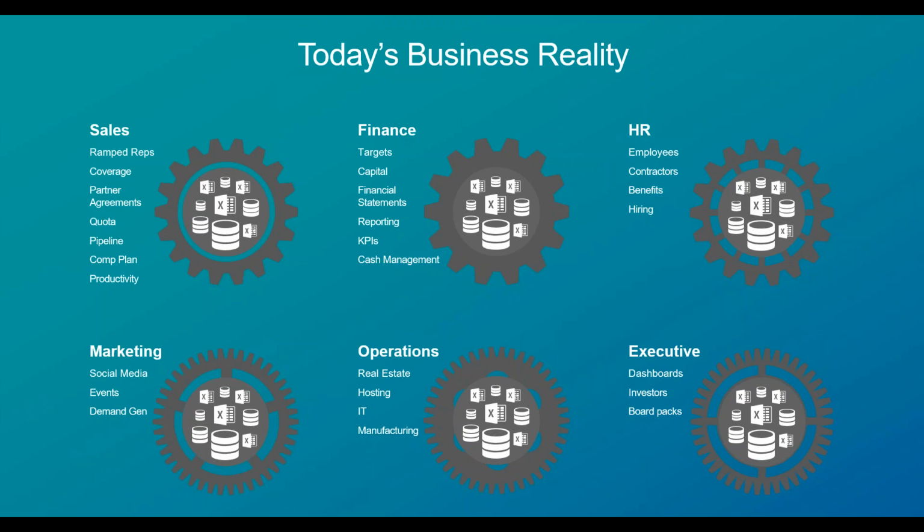It's going to be sales, finance, HR. You need to plan your marketing and your operations, even your executive team. All of those elements are unique and individual in the way they naturally function, but they are also all connected, right? They all have inputs that ultimately need to come together in the financial plan.